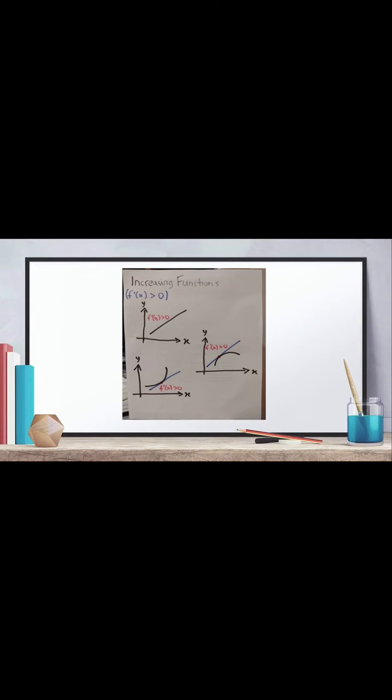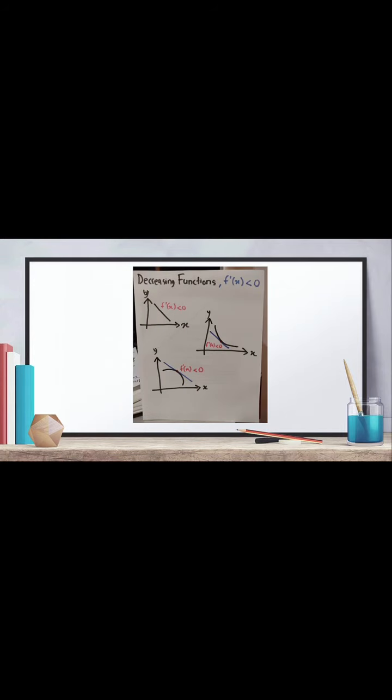The first is increasing functions, where f prime x is more than 0, and there are three types of increasing function. This is an example. The second one is decreasing functions, f prime x less than 0, and you can see the example there.